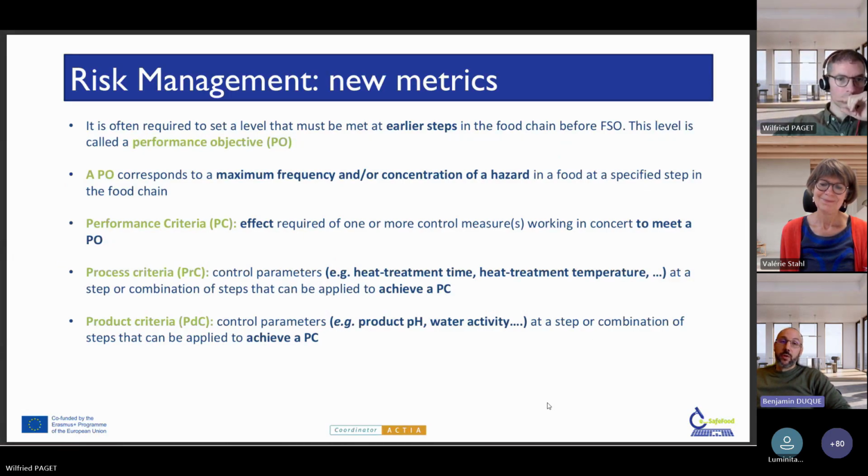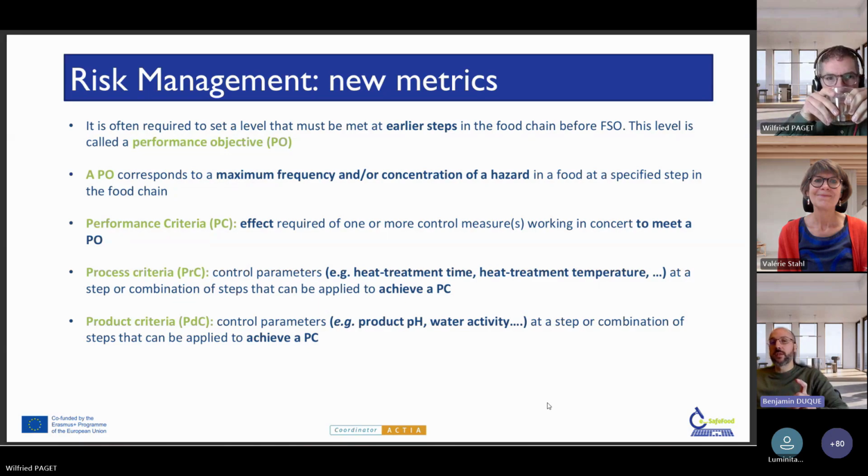If the FSO is a threshold not to be exceeded at the time of consumption, and it's important, it's at the time of consumption, it is however necessary to define sometimes target thresholds upstream, and therefore the company, and this is the case of the performance objective, so the PO. And a PO corresponds to a maximum frequency or concentration of hazards in a food at a specified step in the food chain.